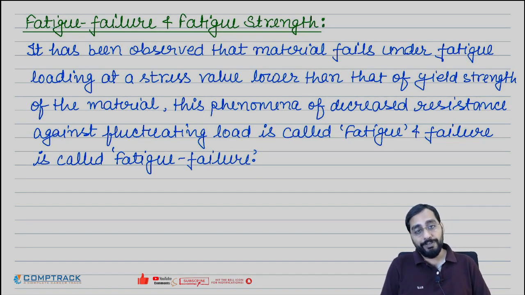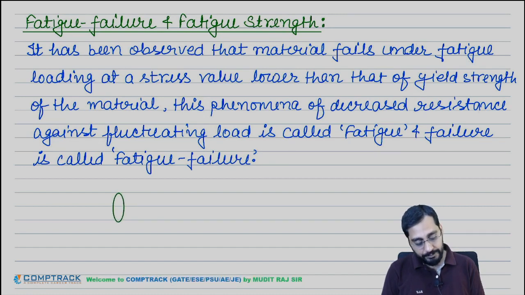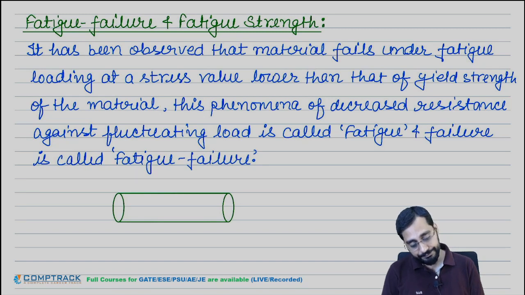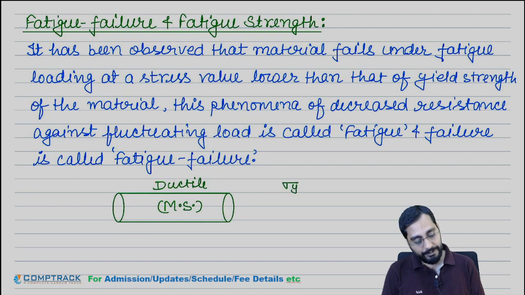So what happens is, let us assume a bar. Let's say this is a bar, and this bar is made up of, let's say, ductile material. Let us assume it is made up of mild steel, and mild steel yield strength in tension is, let's say, 300 megapascal.